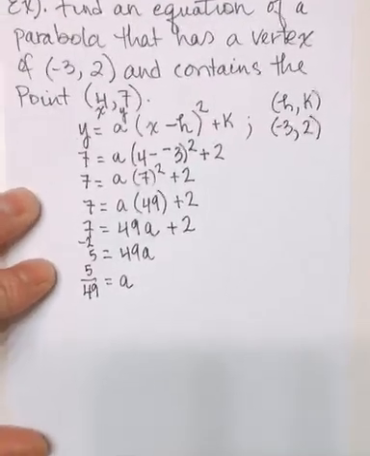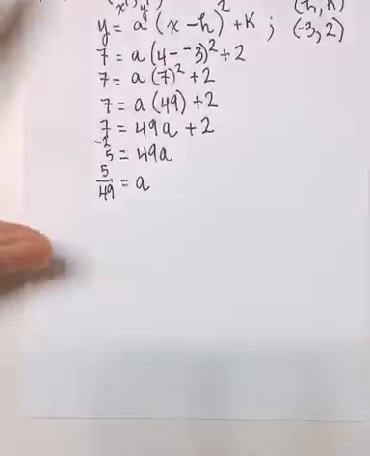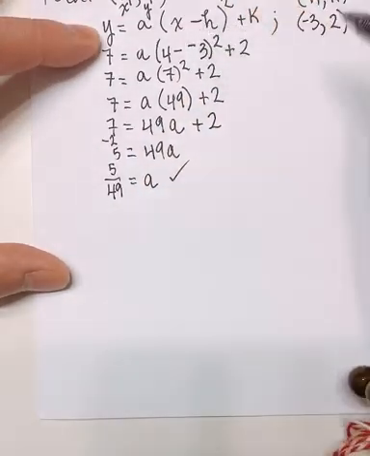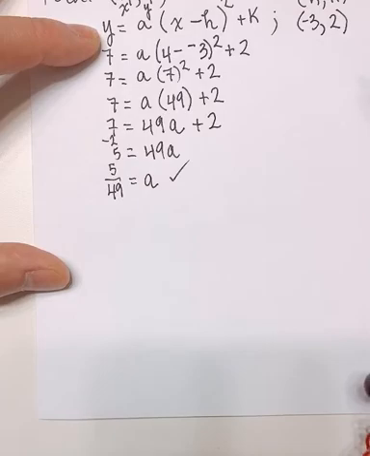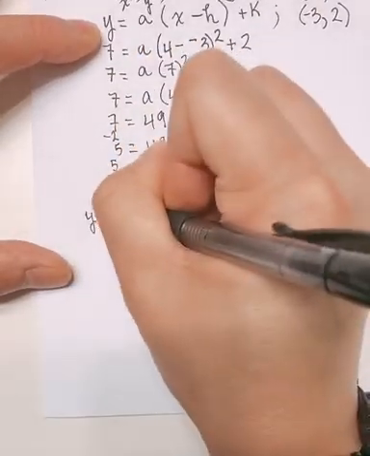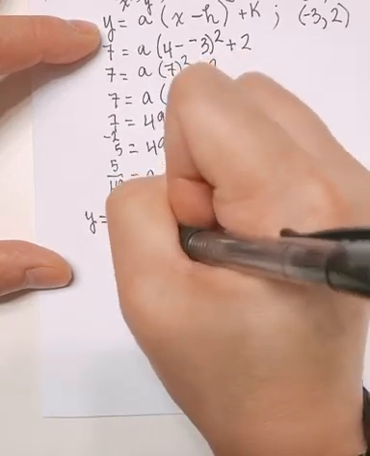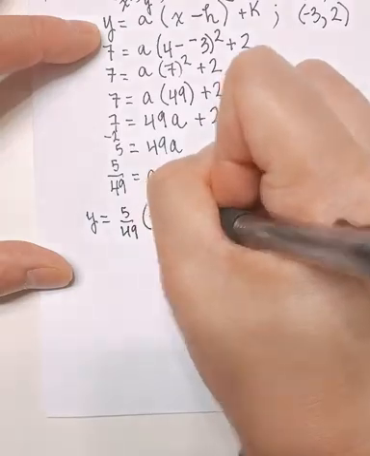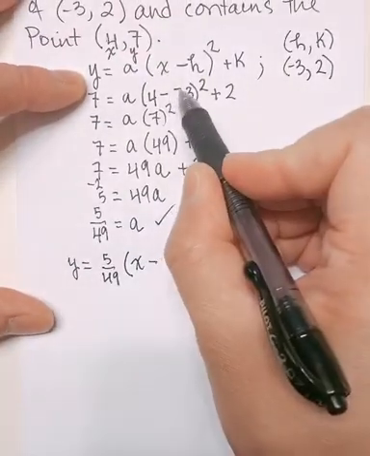Let me move the paper up a little bit here. So our a, now that we found our a, we could actually go back to this form and rewrite our equation with the x and the y in it, right? So it's going to be y equals, our a is 5 over 49, and then x, okay? Minus, now notice this is minus a -3.